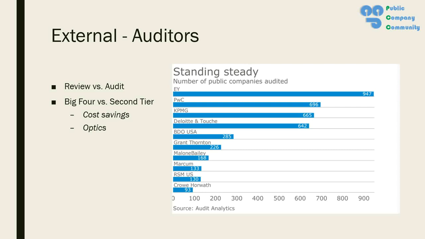And then there's another thing, is that a lot of times there's this stigma of going with a second tier firm, and I personally found it to be unfounded. After working at both a Big Four auditing firm and a small second tier auditing firm, and then a medium size to large size second tier auditing firm, you can't generalize and say second tier is not as good as the first tier. It's just not the way it works.